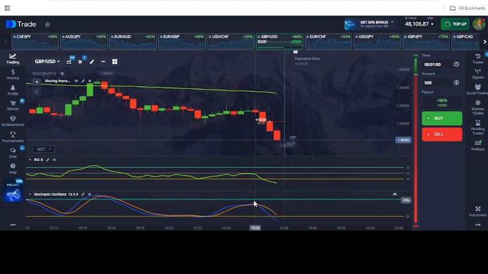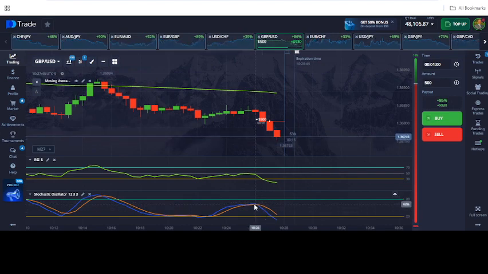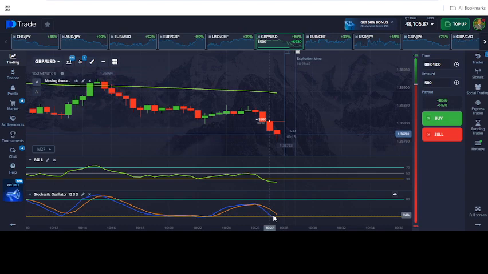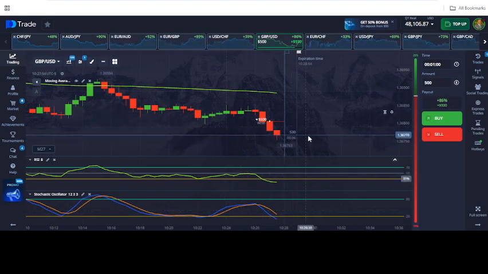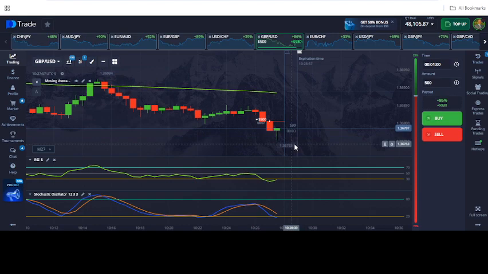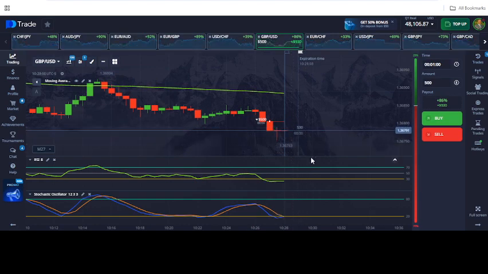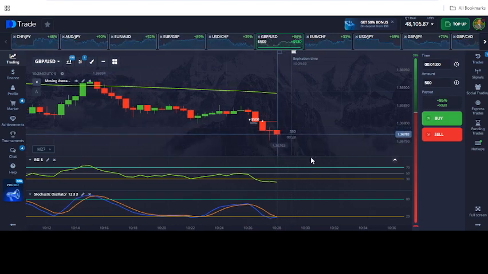And then third, the stochastic oscillator blue K line crossed the orange D line, also in a downward direction here. So all three of these confirmations have been met, and this is why I took the put trade or the sell trade. So let's monitor this trade and wait for the expiration.